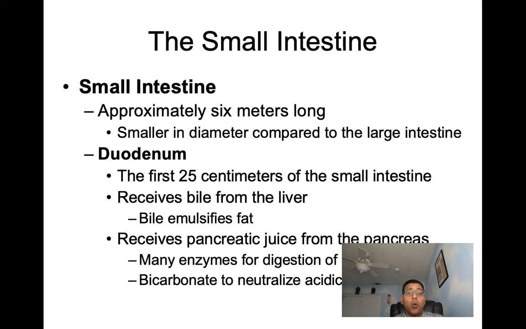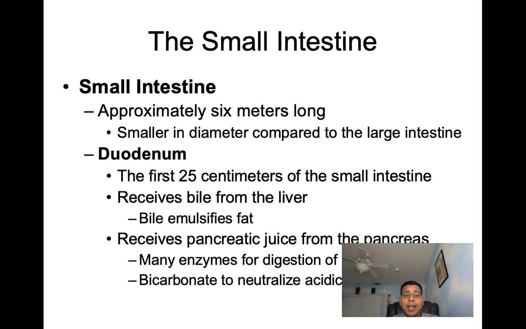The first 1 foot of this small intestine, or the first 25 centimeters, is called the duodenum. Ducts from the liver and the pancreas are going to join to form one common bile duct that's going to enter into the duodenum.